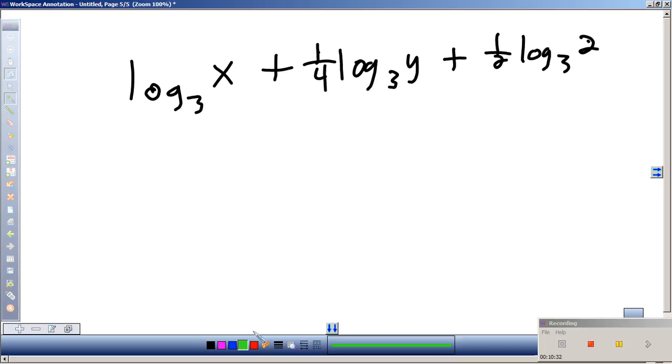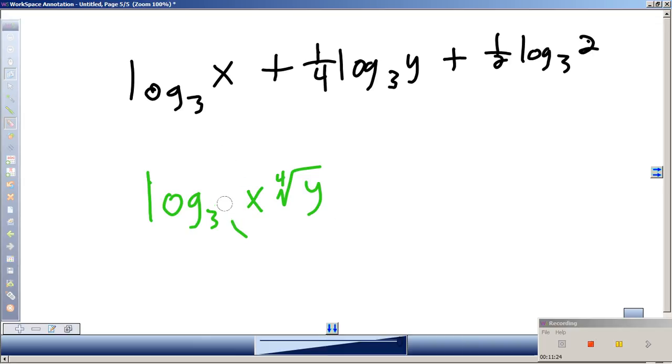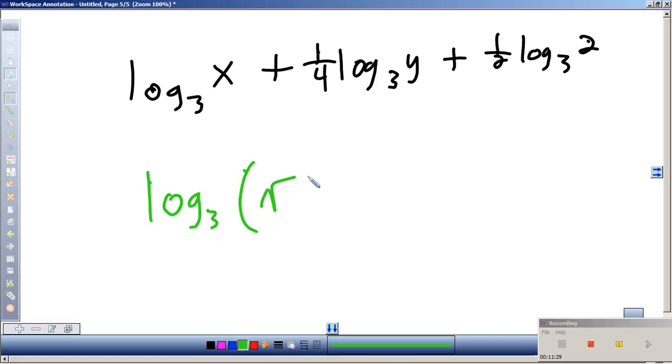What's the base in our answer going to be? 3. So now we're going to do log base 3. x. y is 1/4. We could use the 4th root of y, which is oftentimes the way you see it. And then over here, I'm going to put that out front, and look at the number, square root of 2 times the 4th root of y.